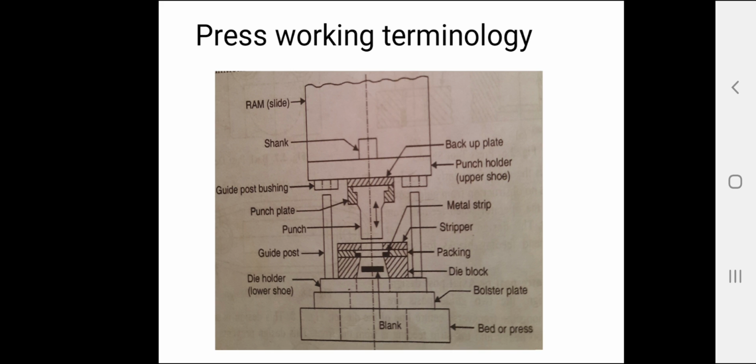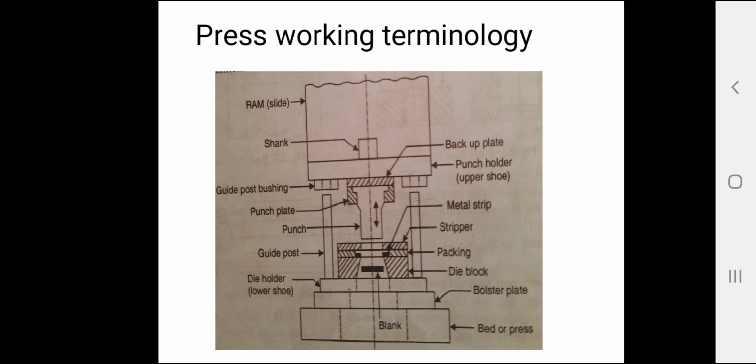Then the bolster plate is the second one. This is a thick plate secured to the press bed, which is used for locating and supporting the die assembly. It is usually 5 to 12.5 centimeters thick.